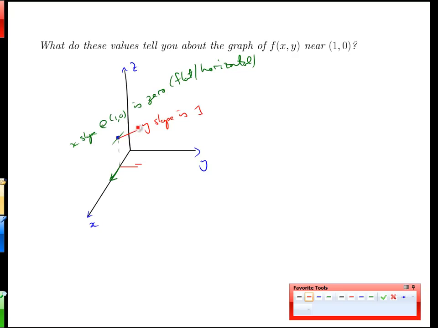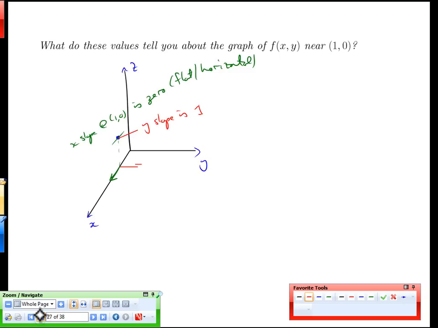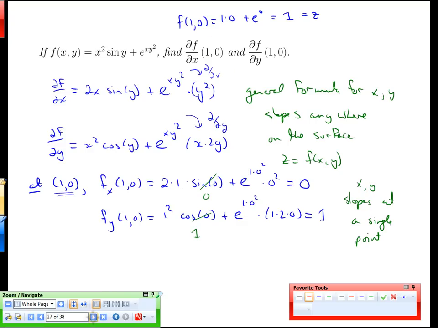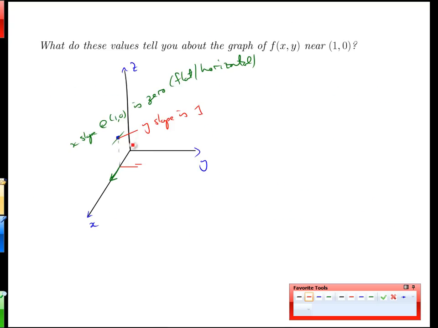So we have some extra interpretation about the shape of this function, even though the function itself is quite complicated. Off the top of my head, I have no idea what this graph would look like, but we do have some factual information about its shape around the point (1, 0) that we can maybe use to get some insight into the overall shape, or certainly into what the function would be doing around this region of the surface.